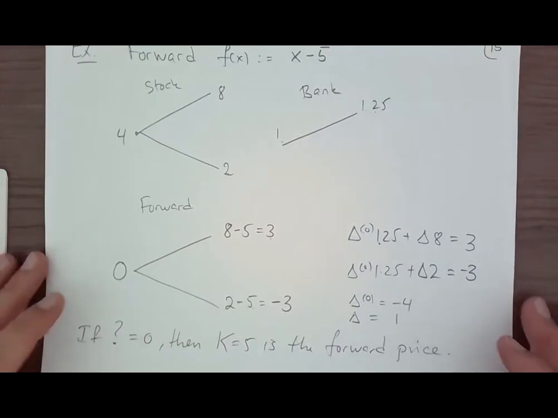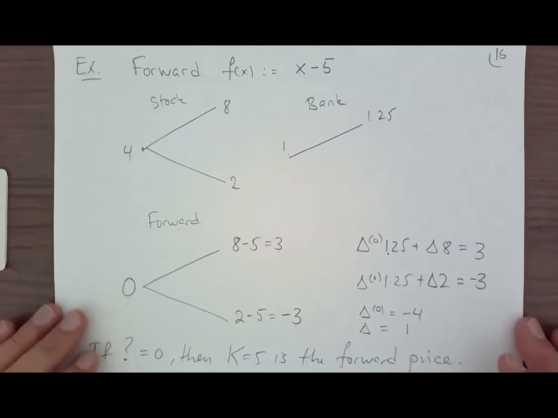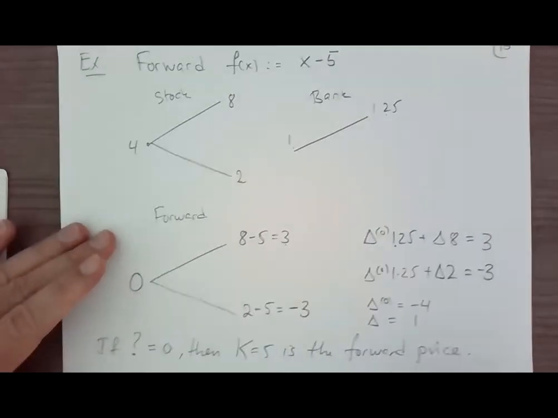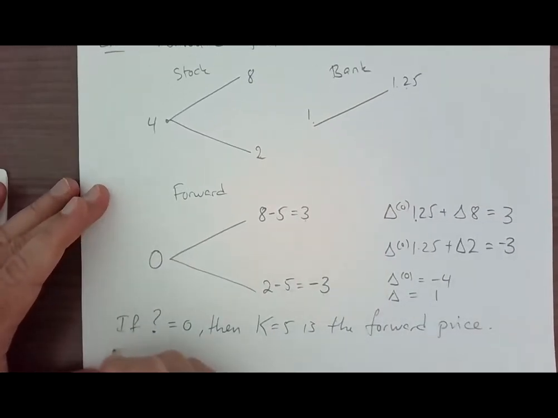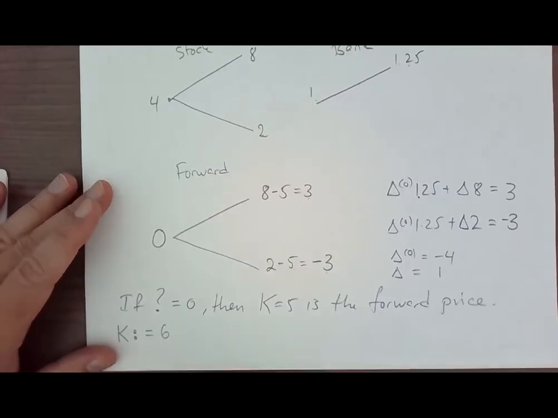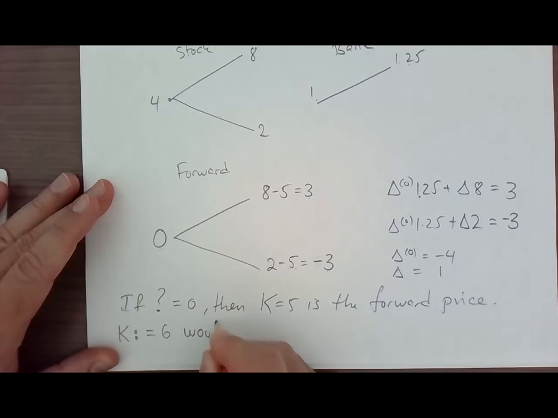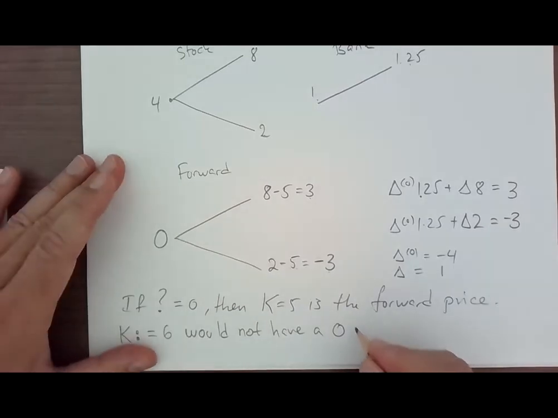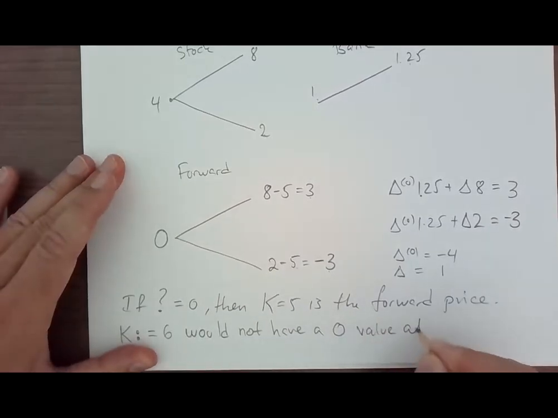Any questions on the forward? So you can see, for example, if I took K to be 6, this would not have a 0 value at time 0.